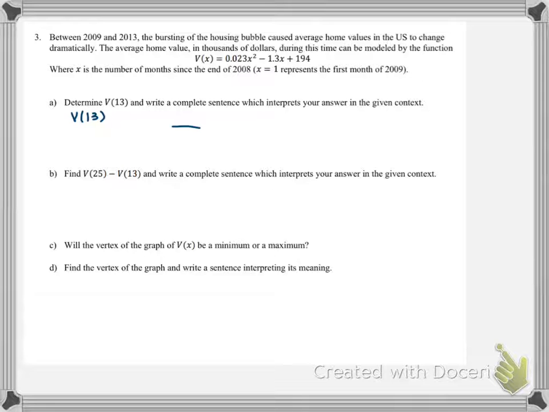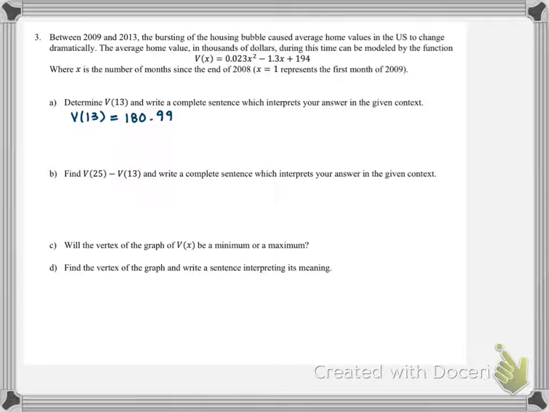Home value. It's the home value at that time, right? Did anybody plug it in? So 180 point, we'll just say like 99.